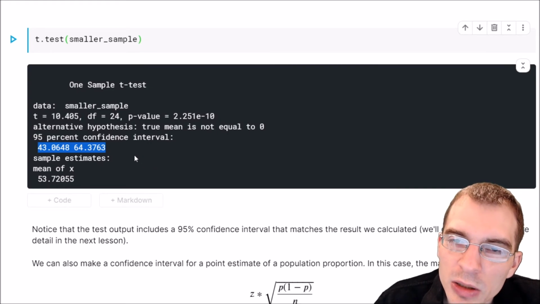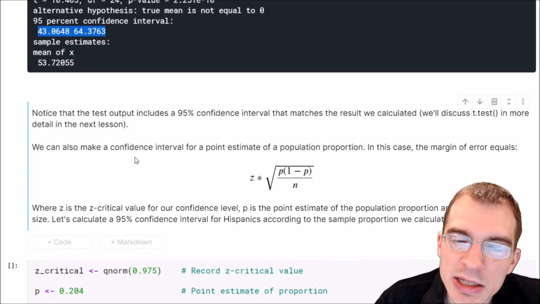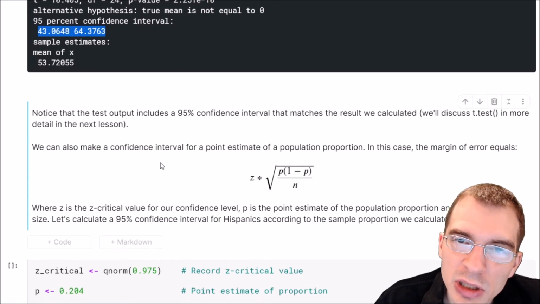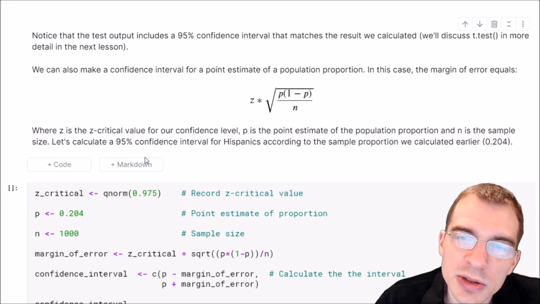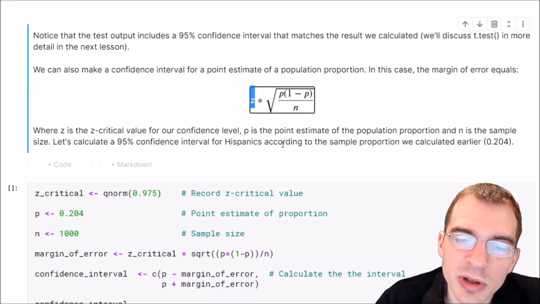Now, earlier we also discussed making a point estimate of a proportion across different groups of a population. You can also make confidence intervals for point estimates of population proportions. So in this case, if you want to do a confidence interval for that, you use this different formula, z, so we have the same z critical value here, but the equation we multiply it by is a bit different.